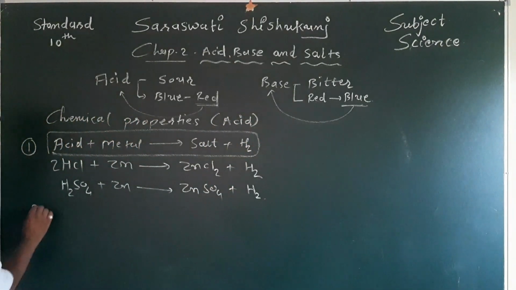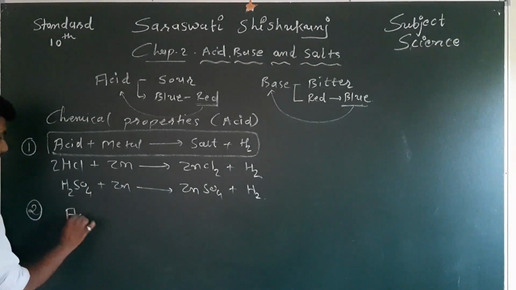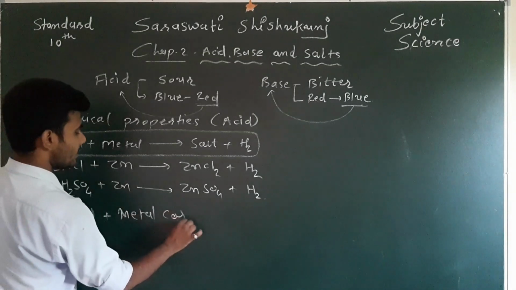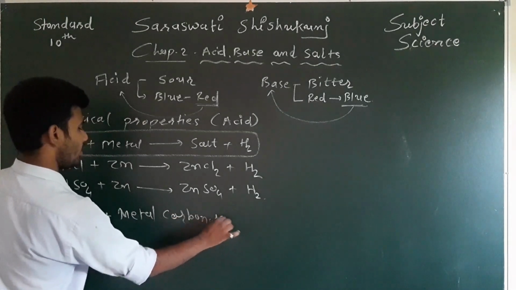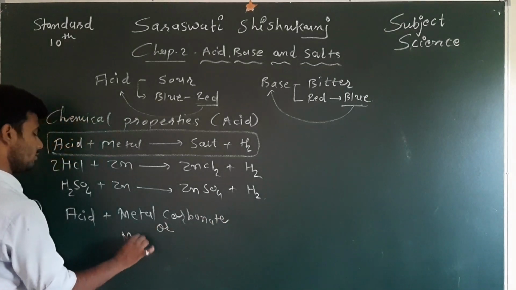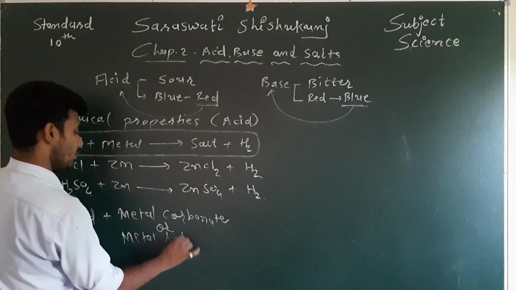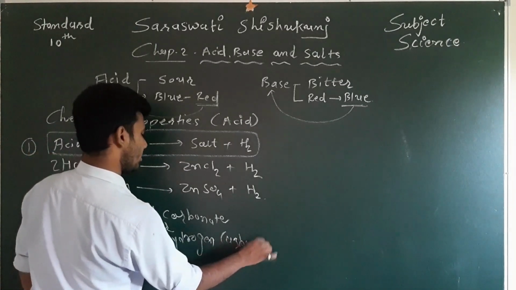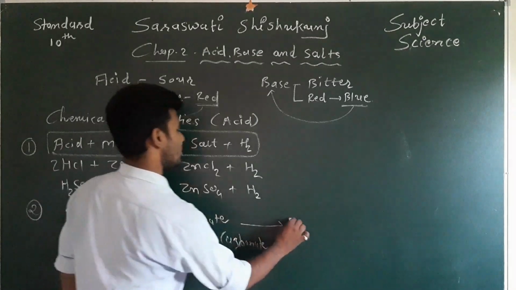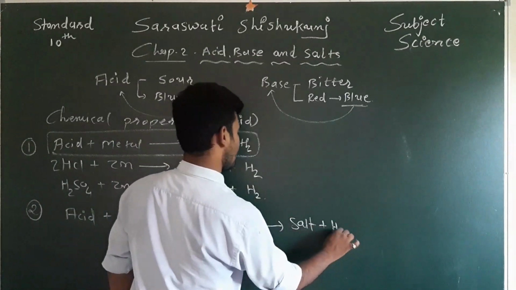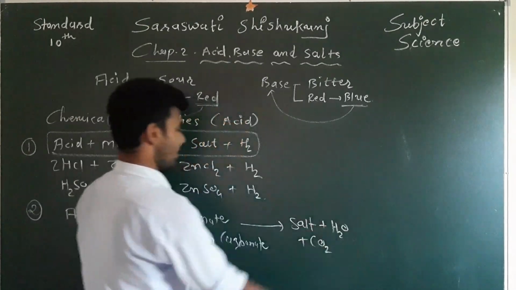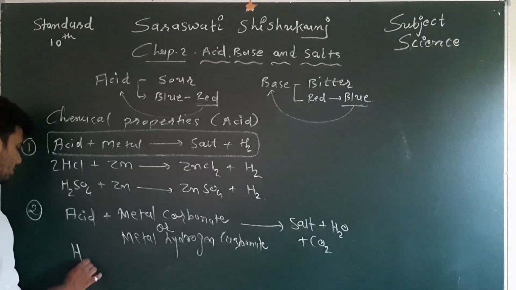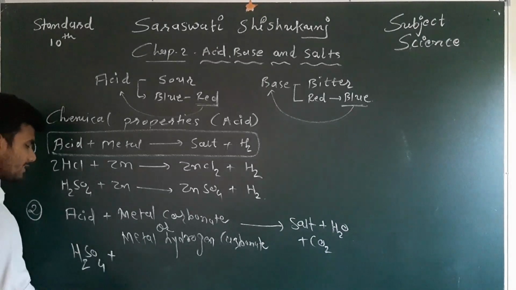Another characteristic was this: acid plus metal carbonate or metal hydrogen carbonate will give us salt plus water plus carbon dioxide. Let's check one example. H2SO4 plus metal carbonate.